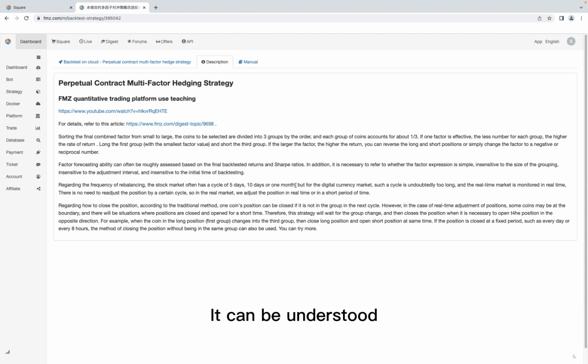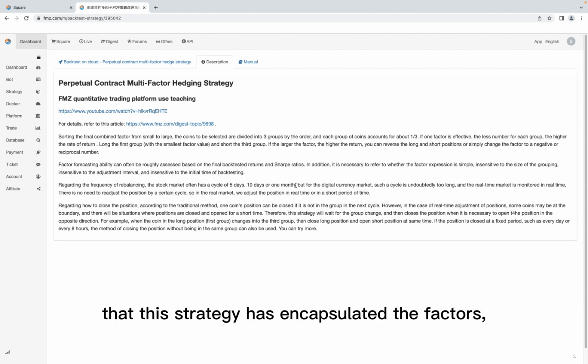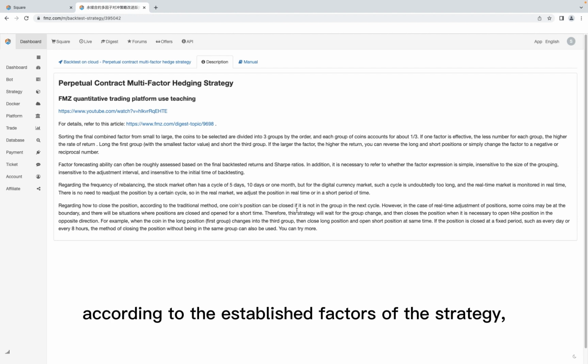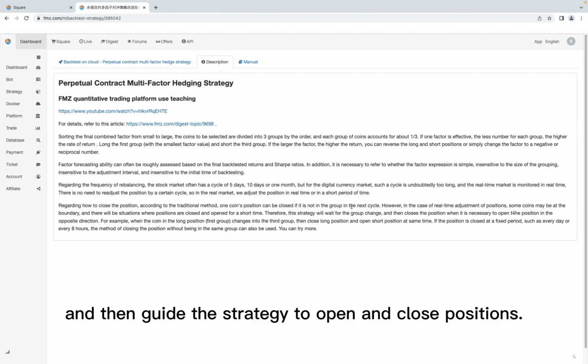It can be understood that this strategy has encapsulated the factors, logic, and data processing used in this strategy. Then we can only use this strategy to sort according to the established factors of the strategy, and then guide the strategy to open and close positions.